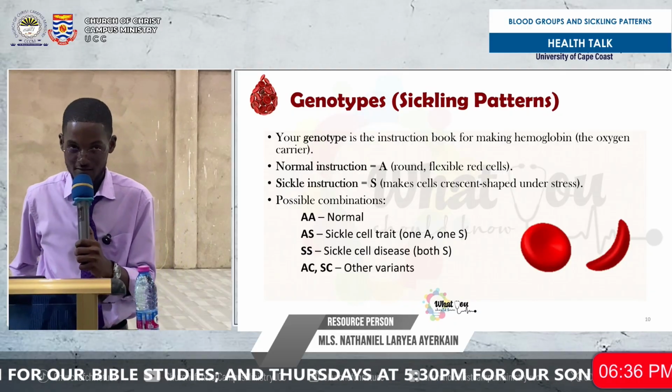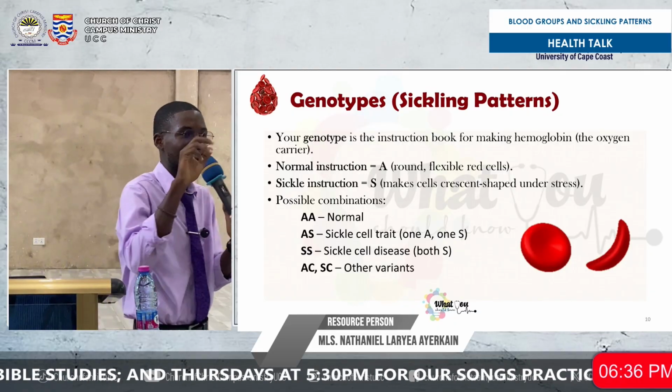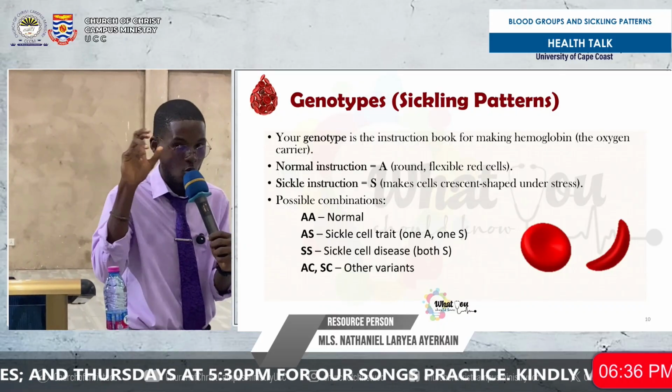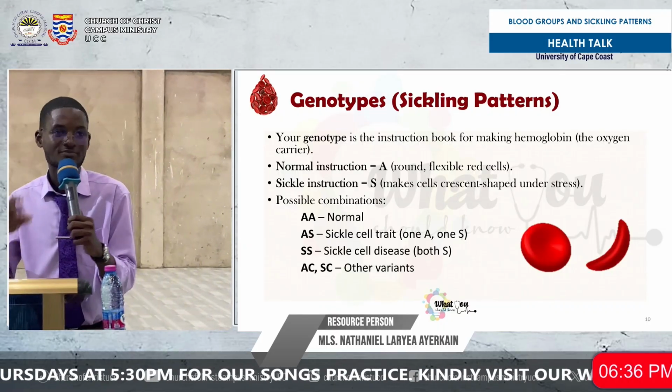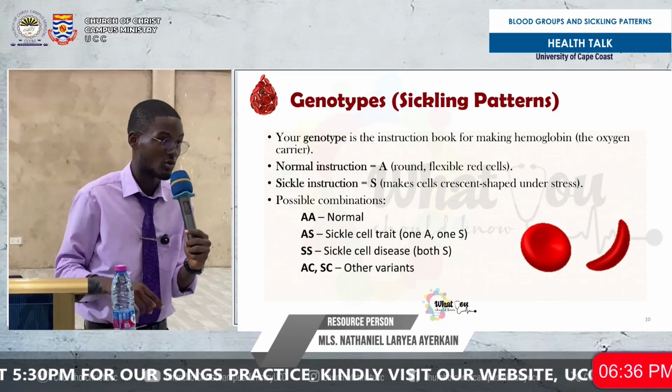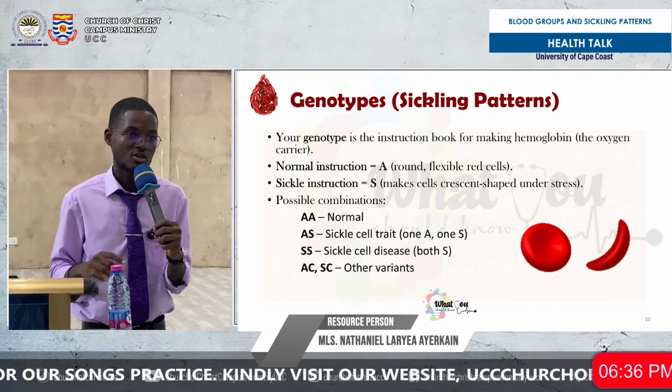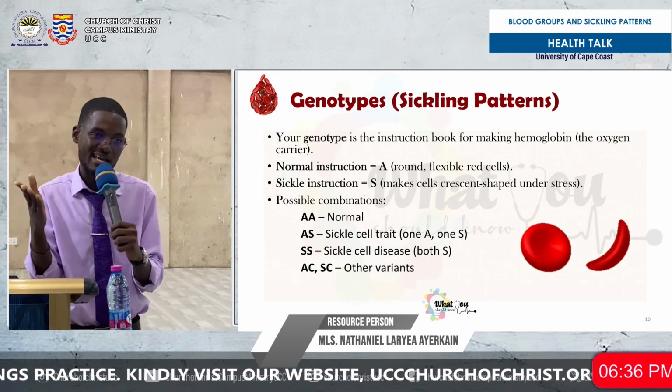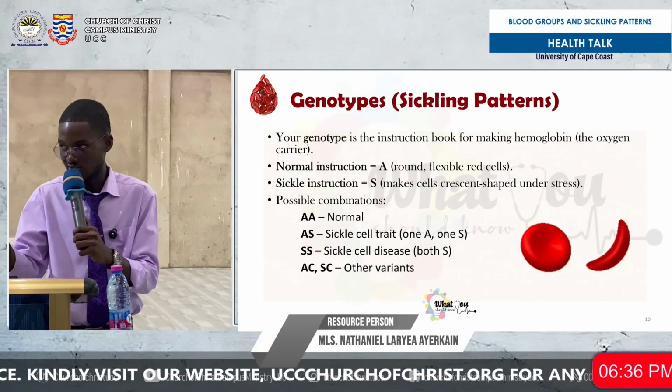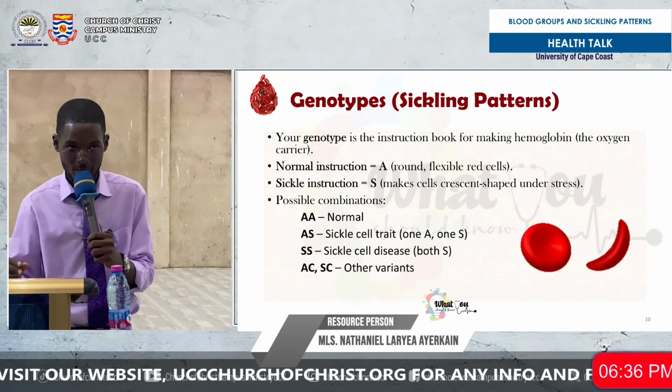Right. So that coding, or the codes, are the genes. How the code looks is the type of the gene, so the genotype, right?